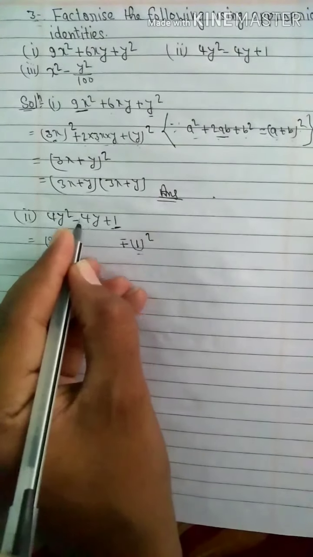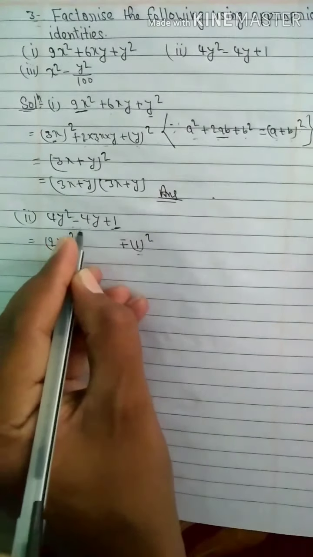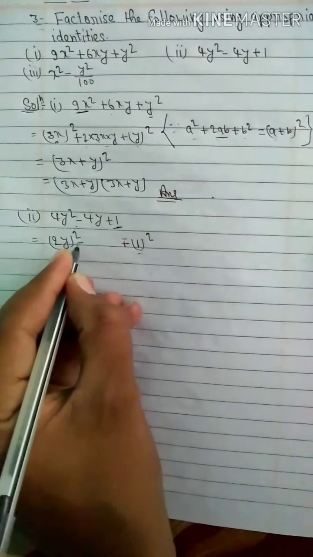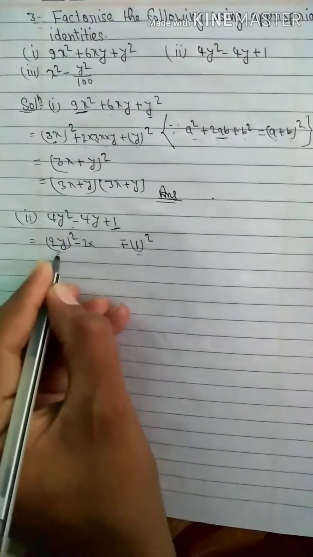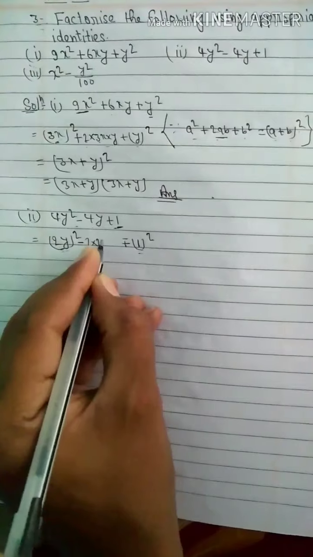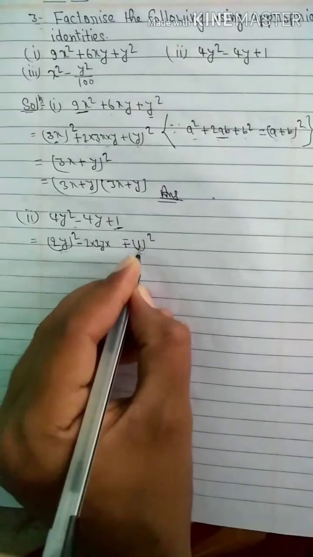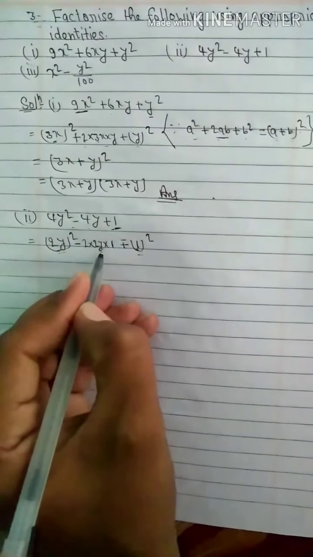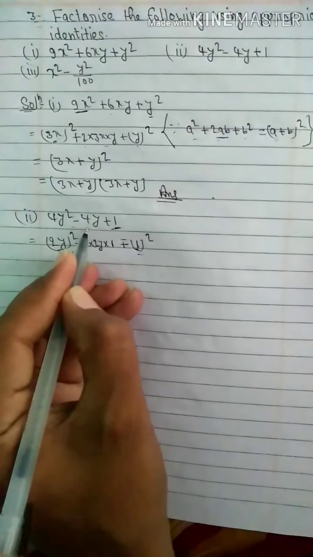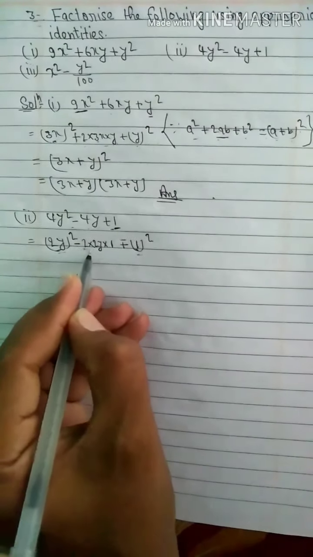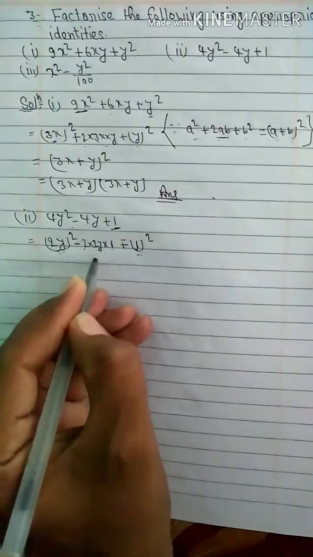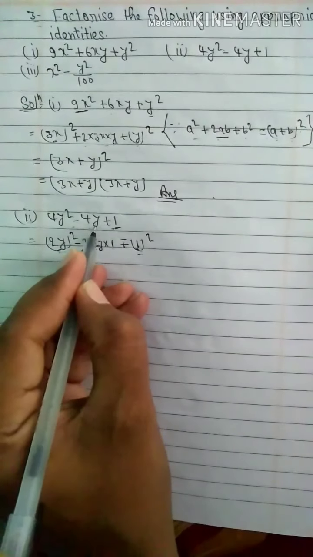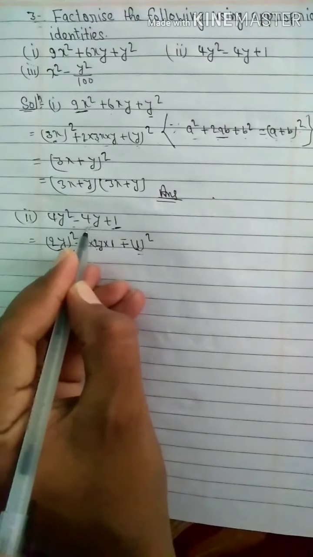It means this term should be minus 2ab. So minus 2, a equal to 2y and b equal to 1, multiply them and see whether this value will be equal to minus 4y or not. Minus 2 into 2 is 4 into 1, minus 4y.